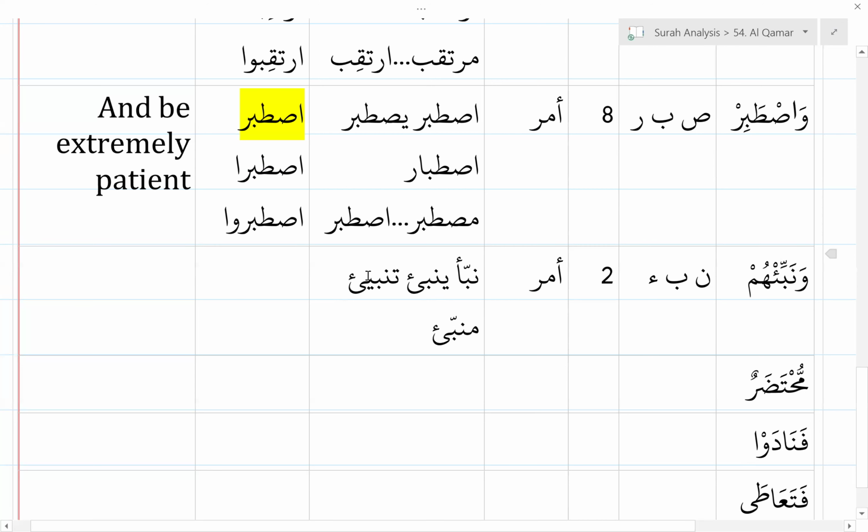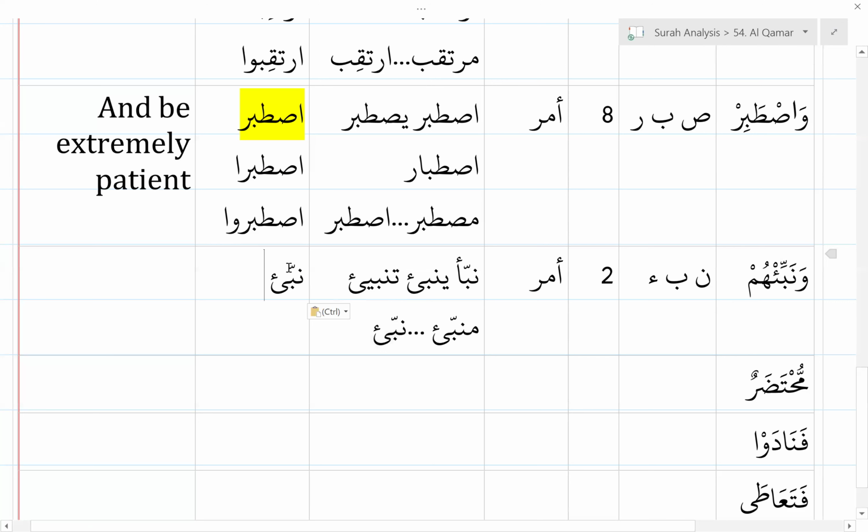Yeah, so we'll stop there. And yeah, nabba'a, munabba'un is the maf'ul bihi. And then nabbi is the amr. So we're going to do the amr of this.